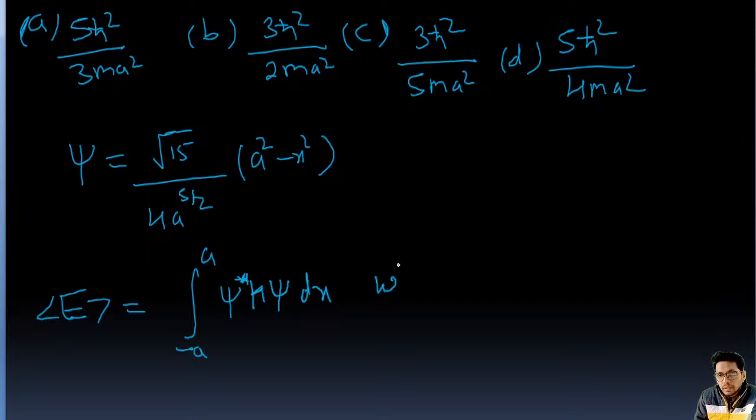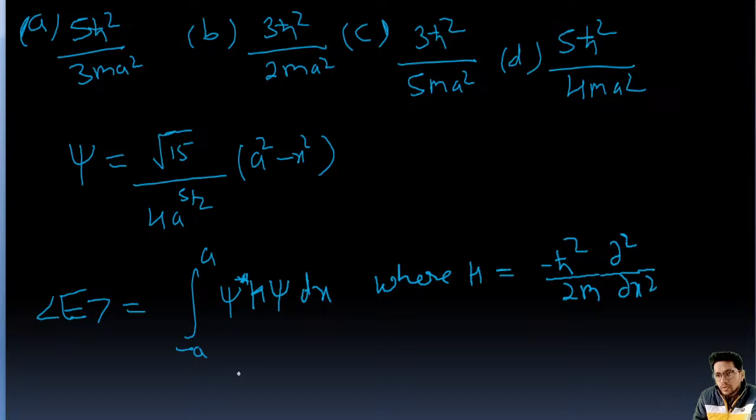Where we know the value of the Hamiltonian operator, that is minus h cut square upon 2m del square upon del x square, in 1D.